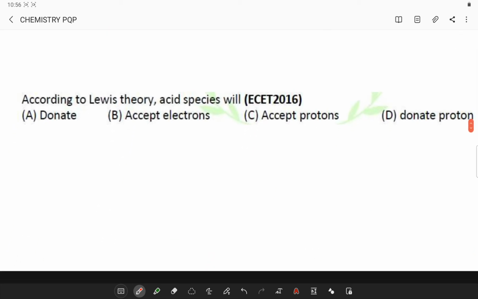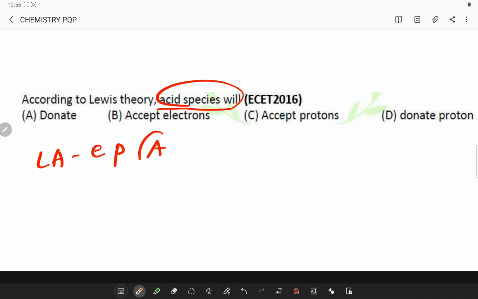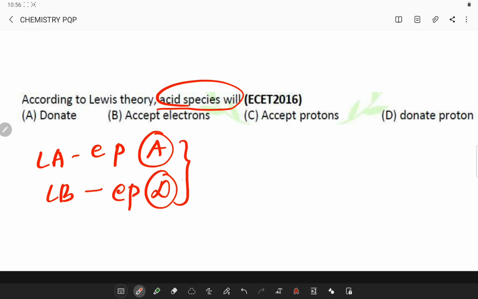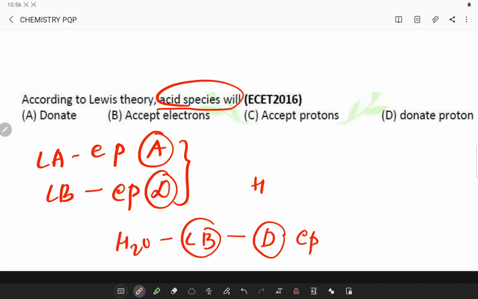According to Lewis theory, a Lewis acid is an electron pair acceptor, whereas a Lewis base is an electron pair donor. Remember this. For example, in any reaction, imagine HCl and water. Water would be considered a Lewis base because it donates an electron pair to form a bond.